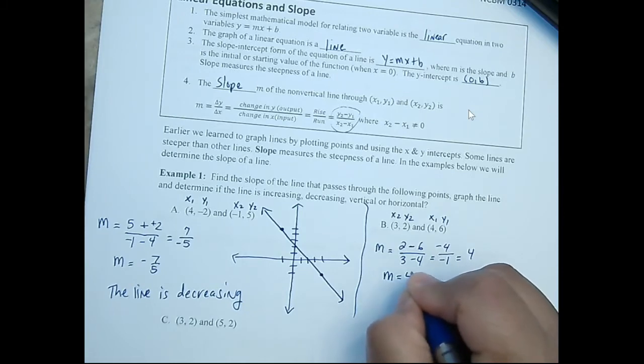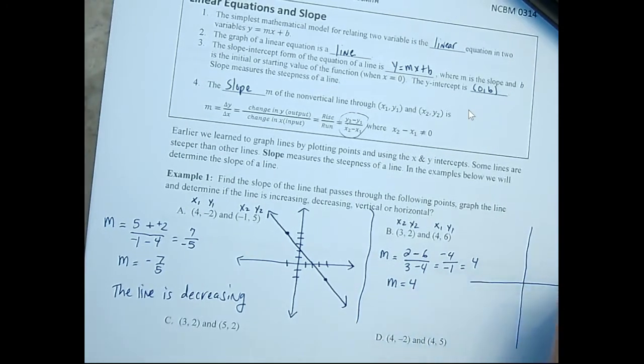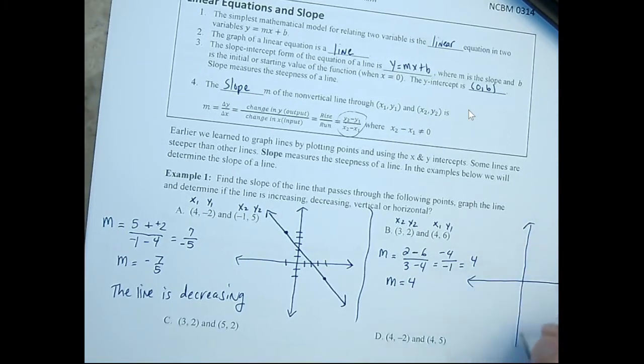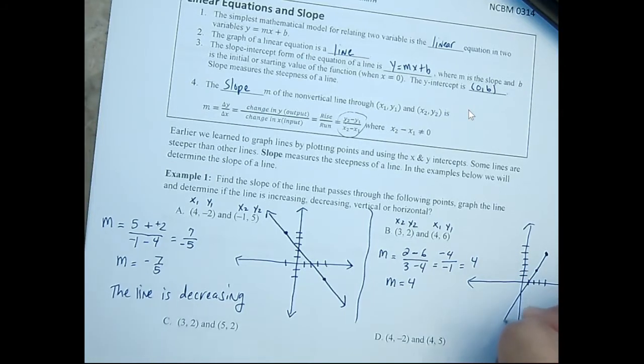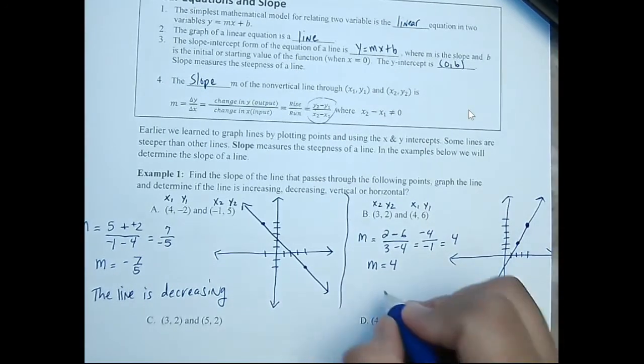So my slope is 4. Let's graph the points. So we have (3, 2) and (4, 6). If we look at our line from left to right, we can see that the line is increasing.